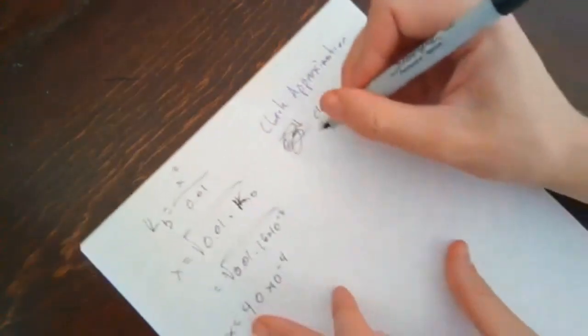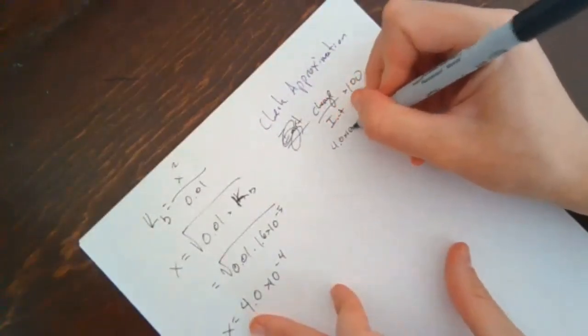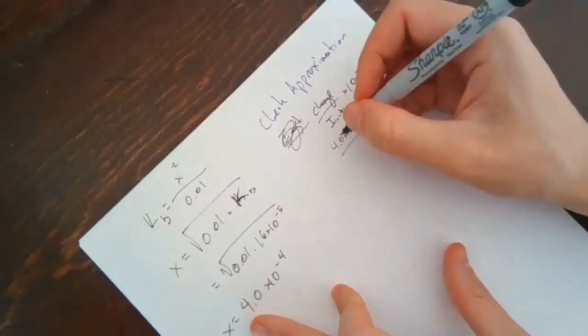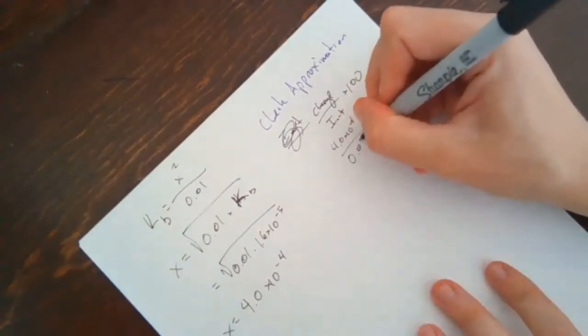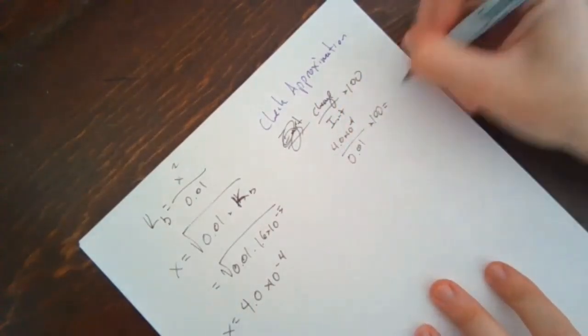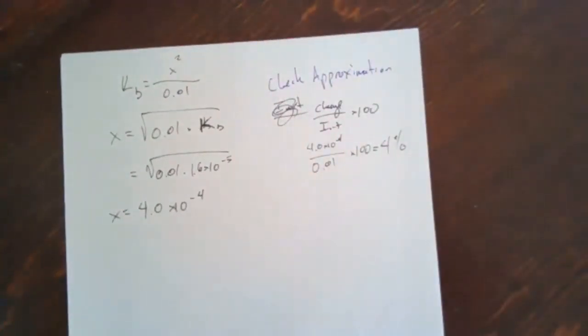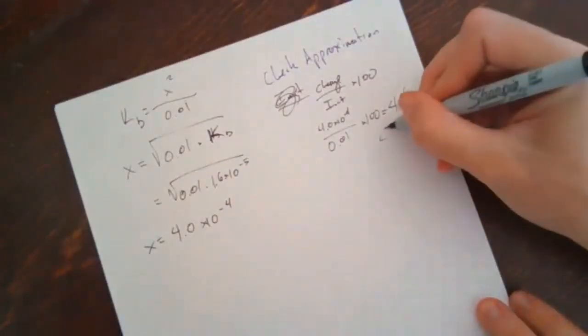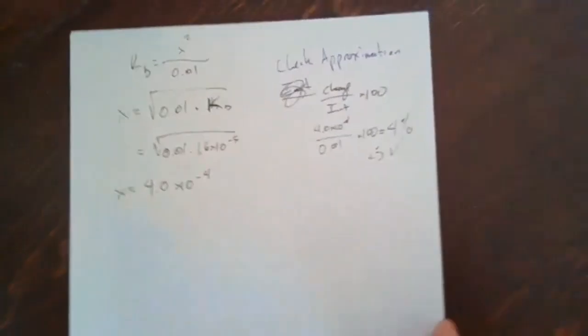So the change is the X value. So 4.0 times 10 to the negative 4th divided by the initial, 0.01, times 100. That's 4%. So in this case, we are close to this not working, but less than 5 means the approximation is valid.